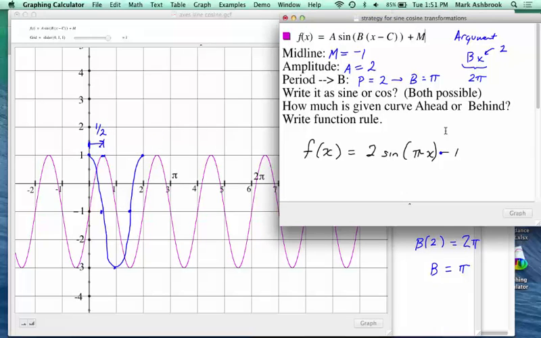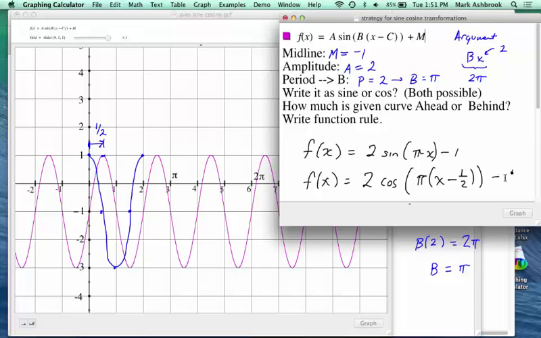So if we write this as a cosine, amplitude is the same. Now it's cosine. Pi is still what gets us the right period of 2. But now our curve is ahead or behind? Behind by how much? 1/2.